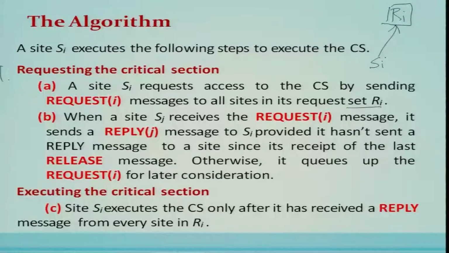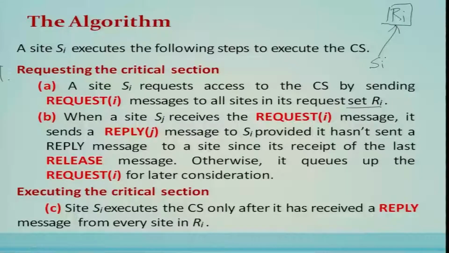Now when Sj receives the request(i) message, it sends a reply message to Si, provided it hasn't sent a reply message to a site since its receipt of the last release message. Otherwise, it queues up the request(i) for later consideration. That concludes requesting the critical section.